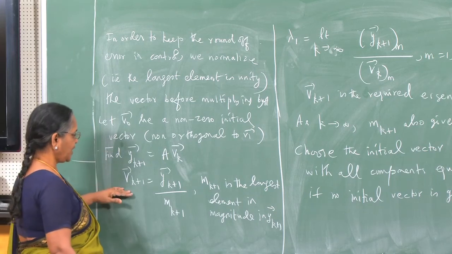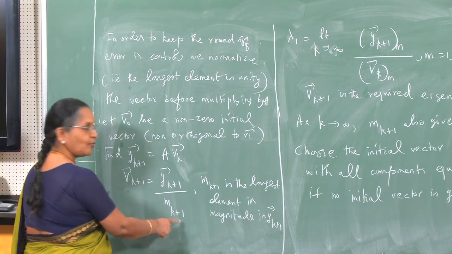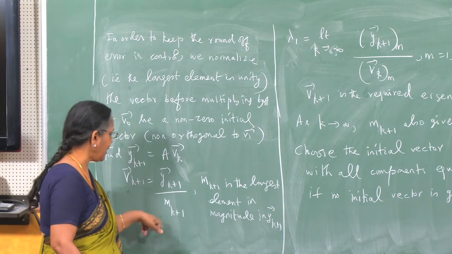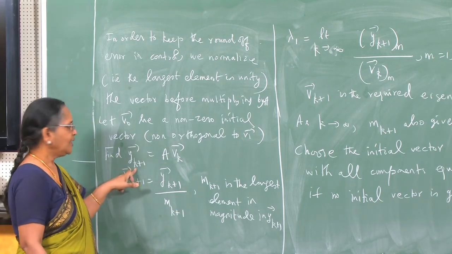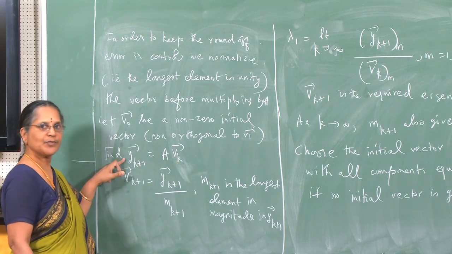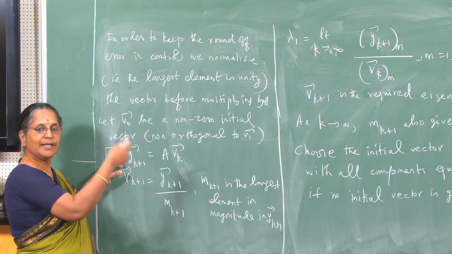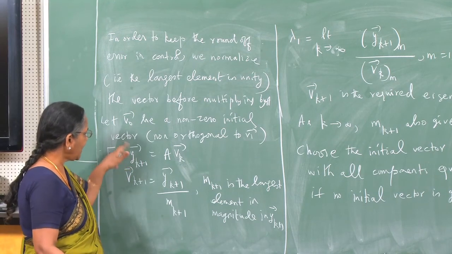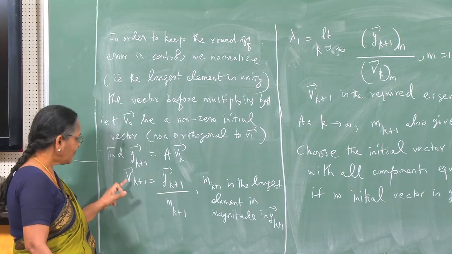V k plus 1 is y k plus 1 by m k plus 1. What is m k plus 1? It is the largest element in magnitude in the vector y k plus 1. So, compute A v k, call it y k plus 1, find the largest element in magnitude in that vector and divide the y k plus 1 vector by m k plus 1 and call that v k plus 1.